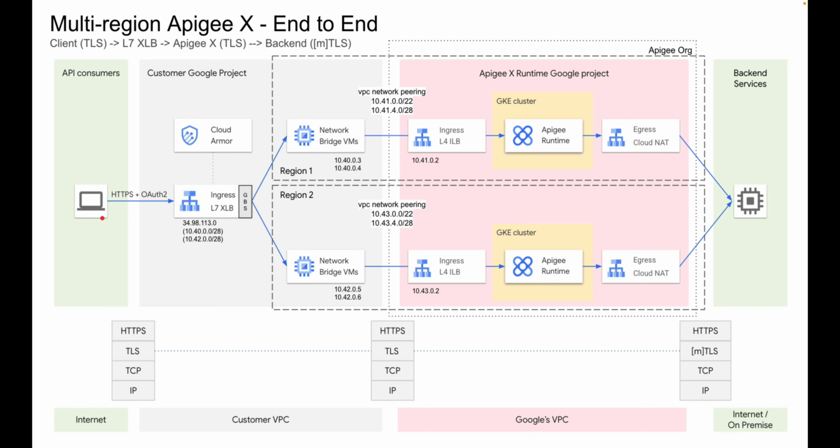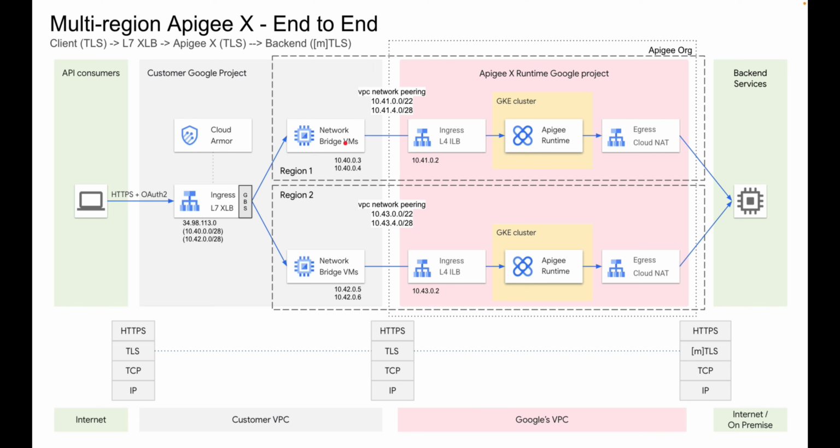If the client application sits in region 2, the region 2 Apigee runtime will be used, and of course, the global external load balancer will decide which region to use based, in that case, on the client application location. That's something important.